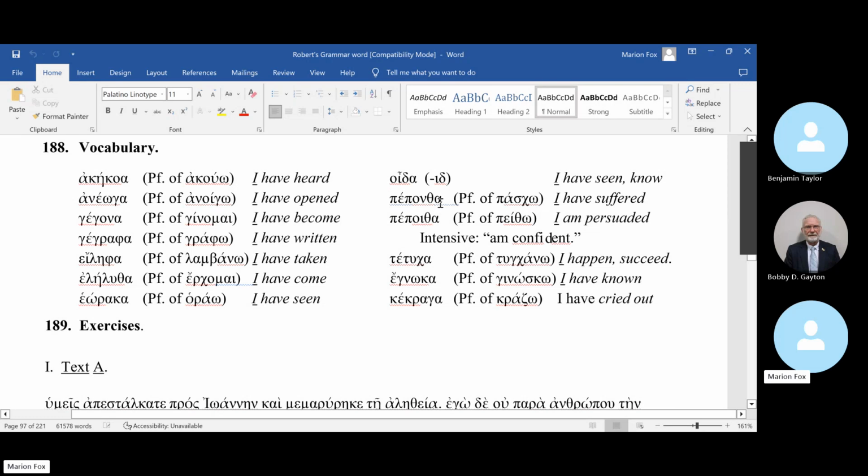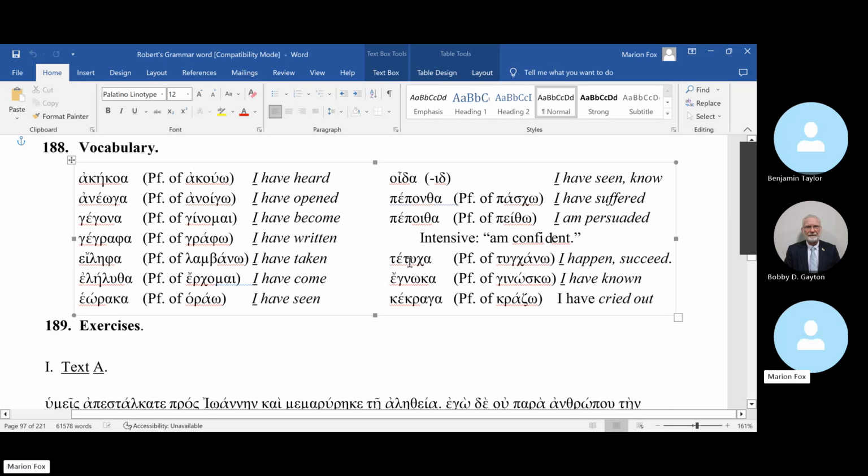Pascho is I suffer, pepontha, and that's I have suffered. Notice you've got a reduplication in the first two letters, and then it becomes a little bit irregular, okay? And peitho is I am persuaded, and you have the reduplication, pepoitha, and our word pistis comes from it, from the same root, and it's to be persuaded, I believe.